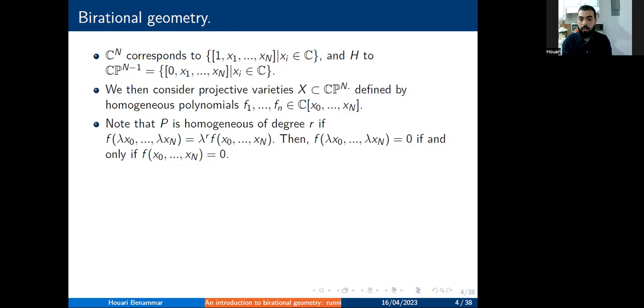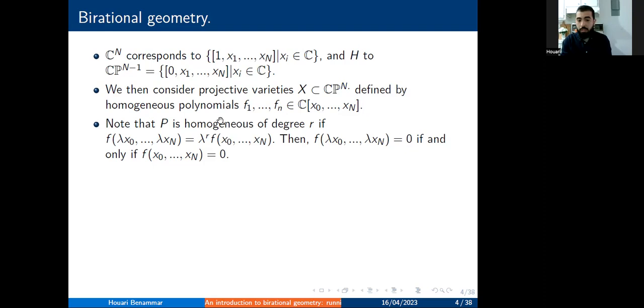So this is a subset in CPn, and there is a homeomorphism from this subset to Cn. And H is a hyperplane in CPn, so this is CPn-1, and we can see that CPn-1 is identified to this set.